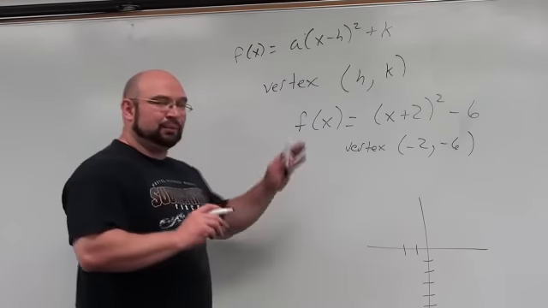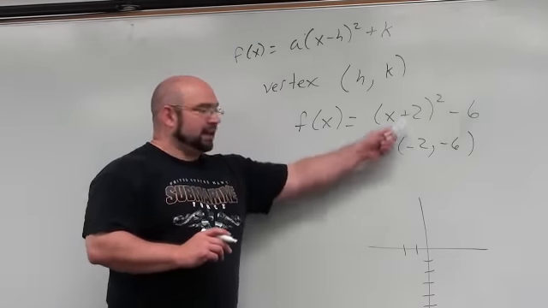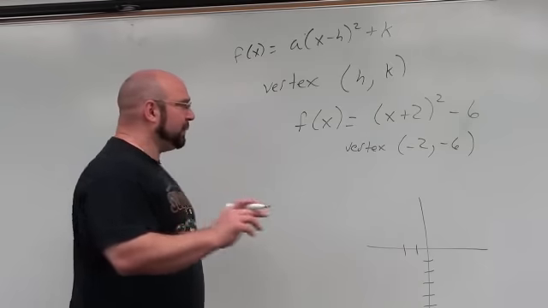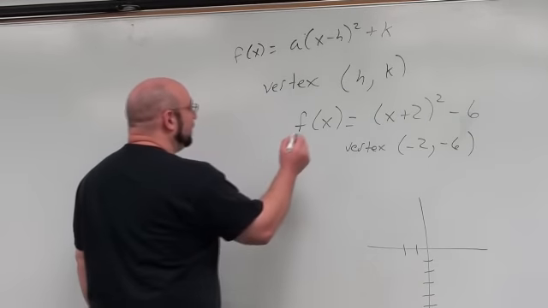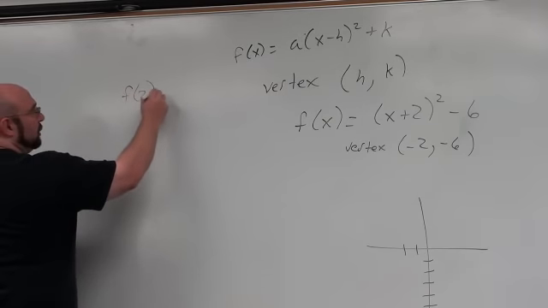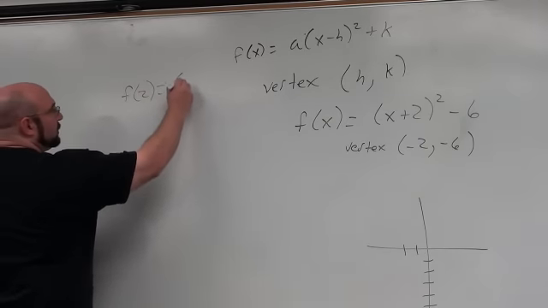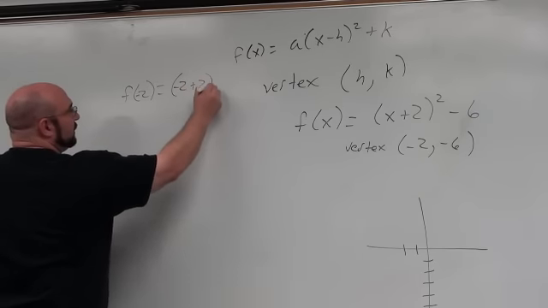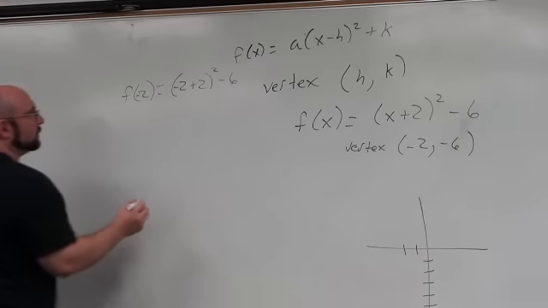The reason why it shifts over this way is, if I just put in any number, let's say we put in f of -2. Well, f(-2) = (-2 + 2)^2 - 6.